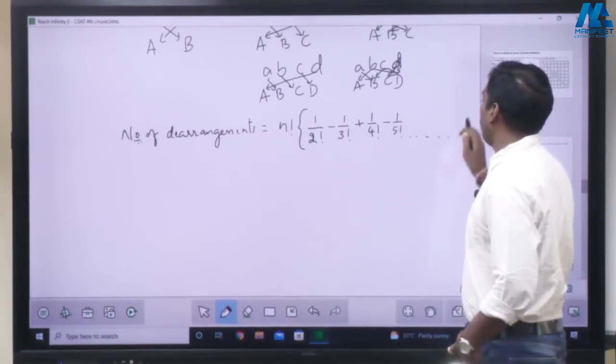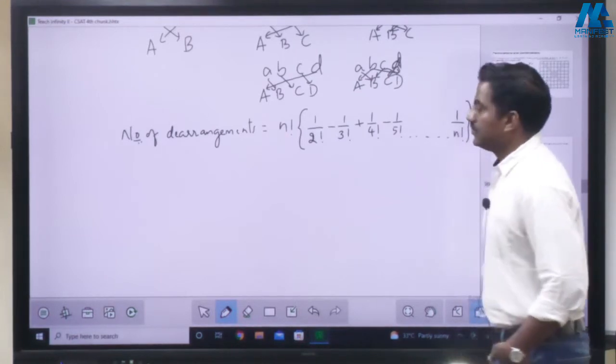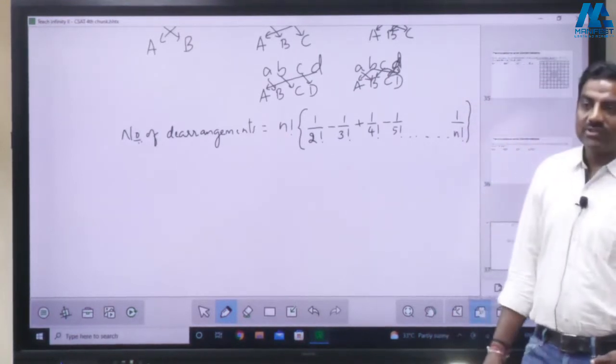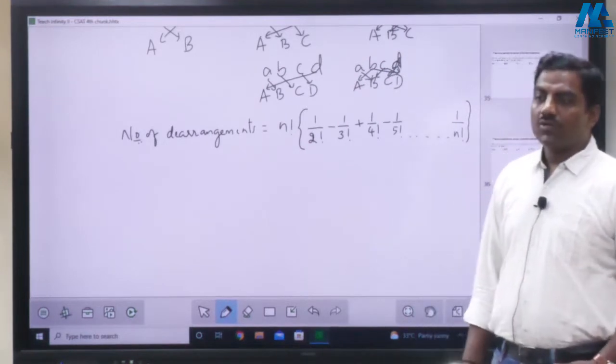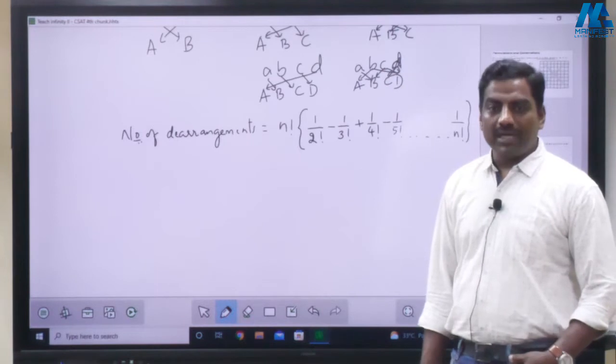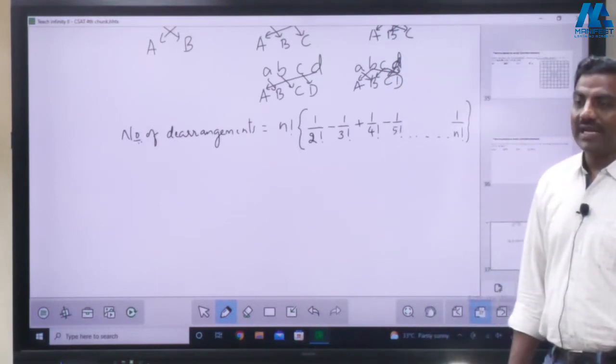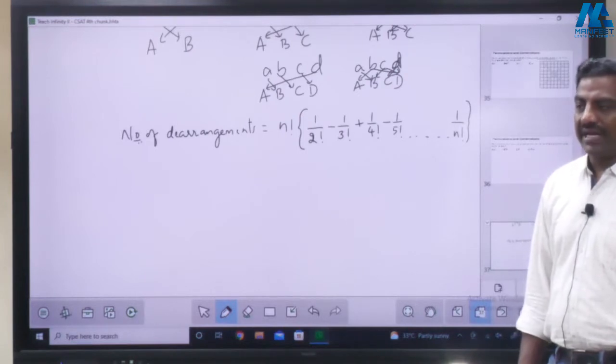It will go up to 1 divided by n factorial. It starts with 2 factorial. Then the denominator will keep on changing like 2 factorial, 3 factorial, 4 factorial like that. And the signs will get changed. Even numbers will get plus, odd numbers will get minus.